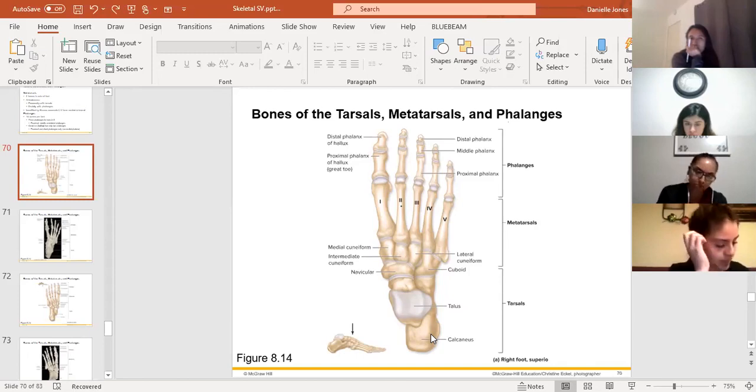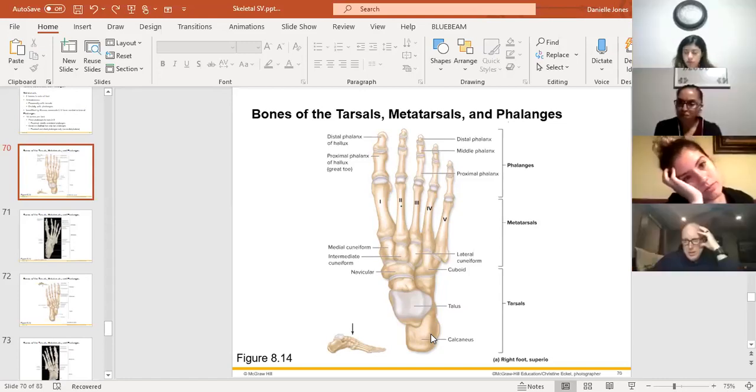So the calcaneus is right here. The calcanean tendon wraps around like this and connects with your calf muscles. I won't get into the muscles yet. And then it wraps under, and that's where you get your plantar fascia too. If avulsion of this tendon happens, oh, it hurts really bad apparently. It rips off.